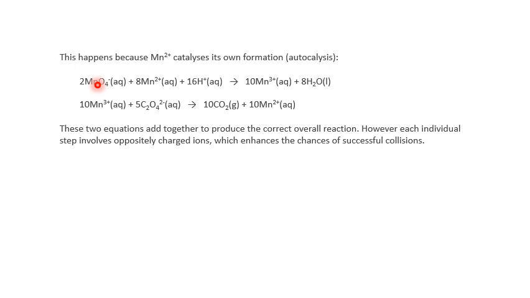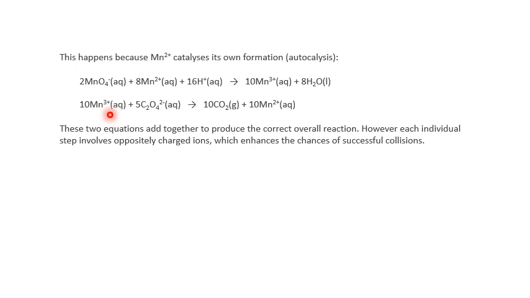But if you go via the catalytic mechanism, you have a negative ion hitting a positive ion in the first step. So manganate has to collide with Mn2+, and because they're attracted together, that's going to accelerate them as they approach, and so they will actually be more likely to hit each other hard enough, and that makes a successful collision more likely.